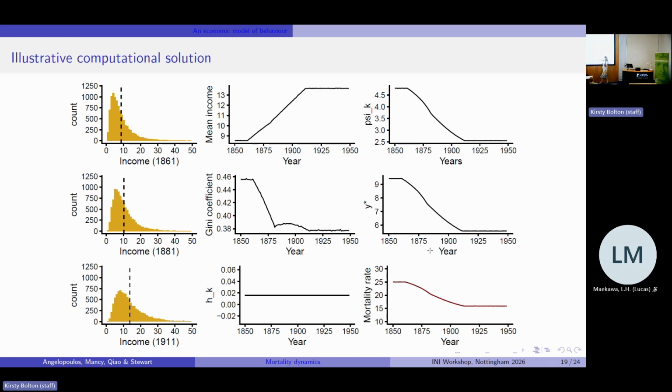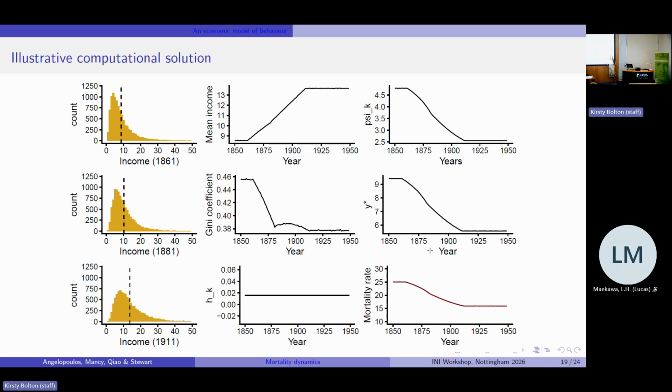And we do that even when we assume that there was no improvement in health technology at all. So we can generate this simply from the shape of the income distribution curve. Of course, it's not quite that simple because we don't actually reduce far enough in terms of the mortality rate relative to the data.